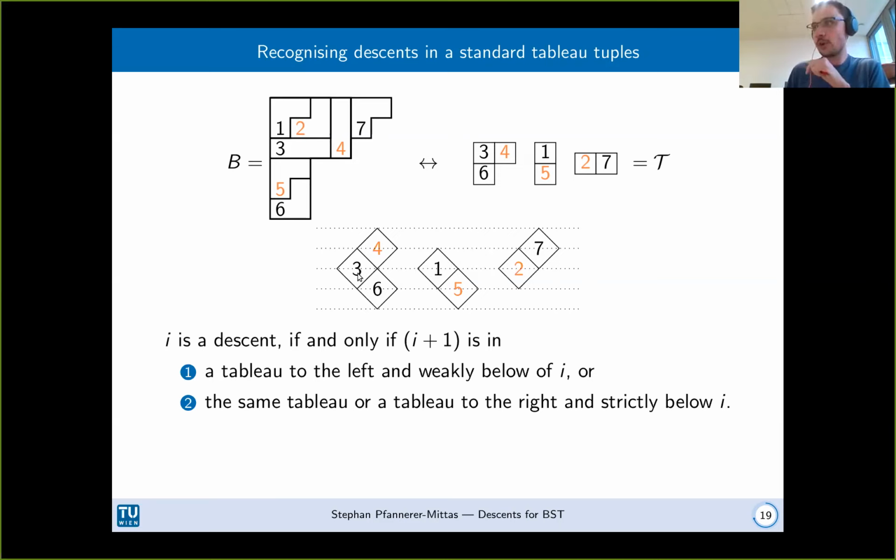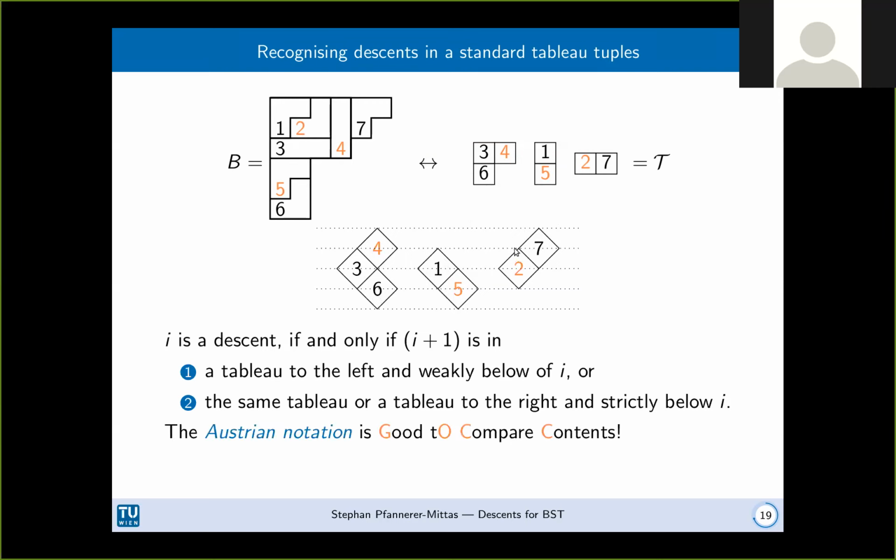If we look at 3 and 4, 4 is in the same tableau and it's above 3, so 3 is not a descent. 4 and 5, we can see, okay, 5 is to the right and it's strictly below 4, so 4 is a descent. 5 and 6 is again the case 1 where 6 is to the left and strictly below, so 5 is a descent, and 6 and 7 there's no descent because 7 is above. So this is the Austrian notation, and this notation is super good to compare contents, or called short GOCC.